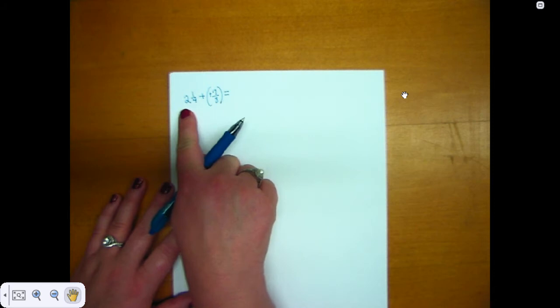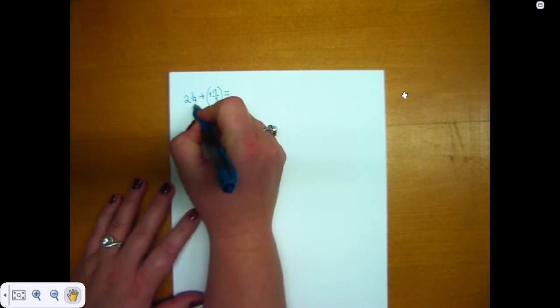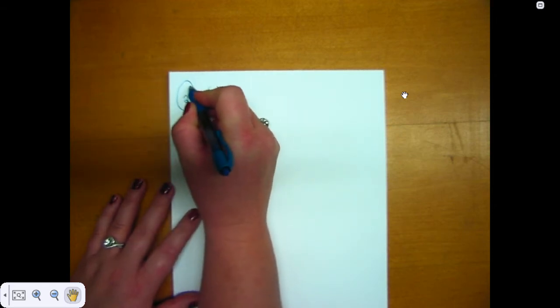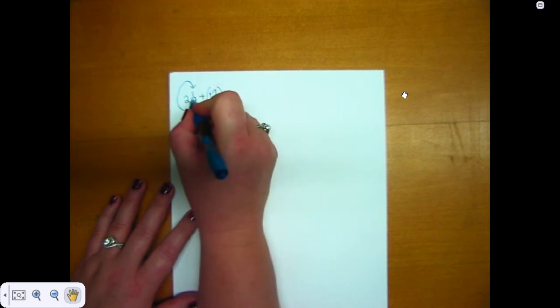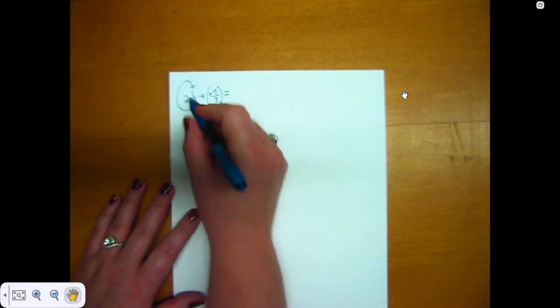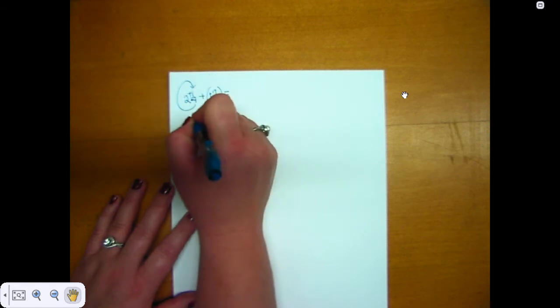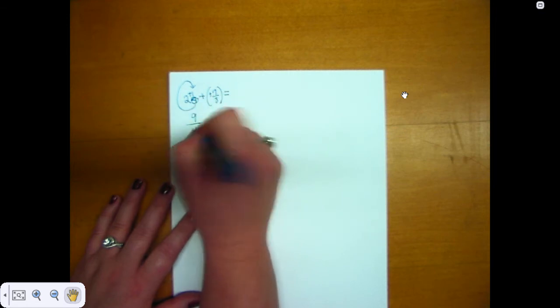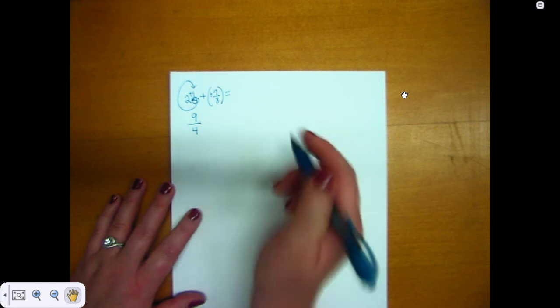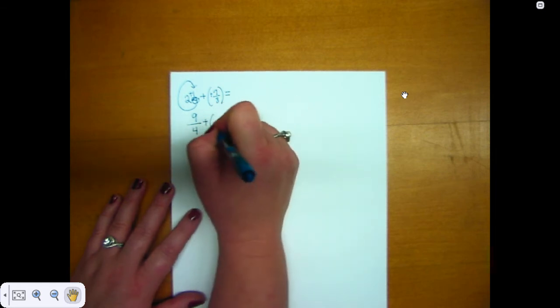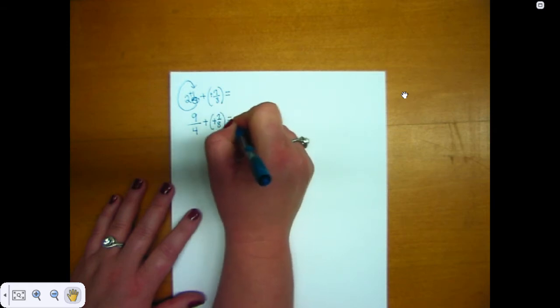So first, with these kind of problems, we are going to turn this into an improper fraction. So we're going to do what we call around the world. And we do 4 times 2, do the bottom first. 4 times 2 is 8, and then 8 plus 1 is 9. And you keep that denominator, which is 4. I'm going to bring the rest of my problem down, plus 7/8, positive 7/8.